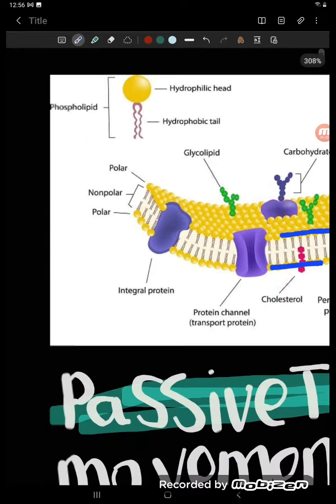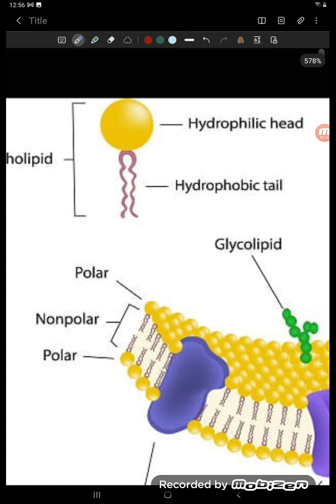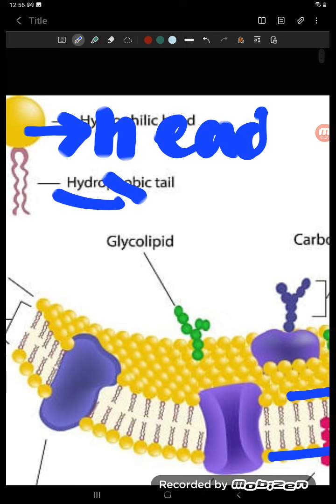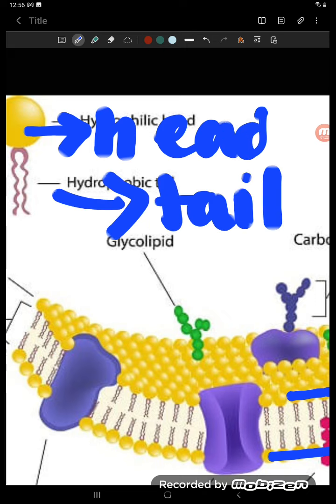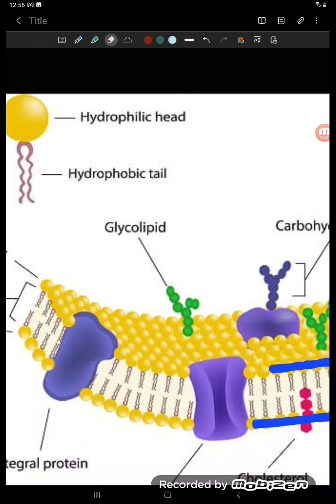And here's a picture of a phospholipid, and it consists of a head and a tail. So basically, this is the head, and that's the tail.